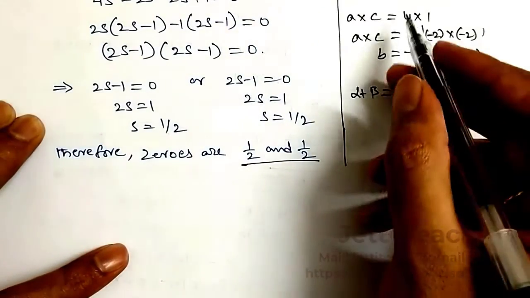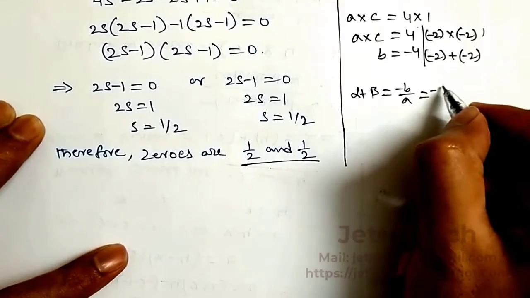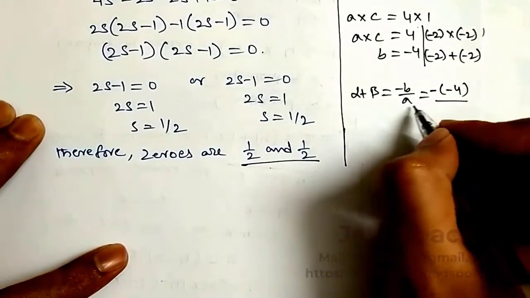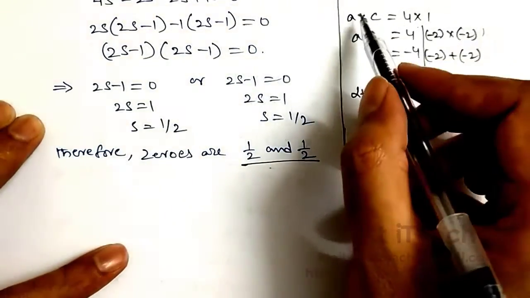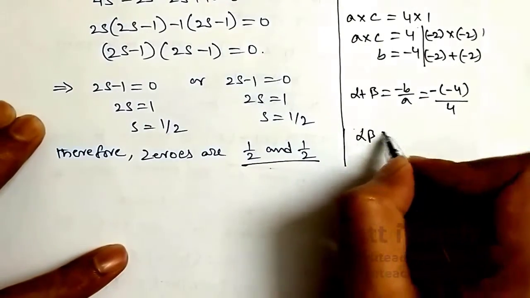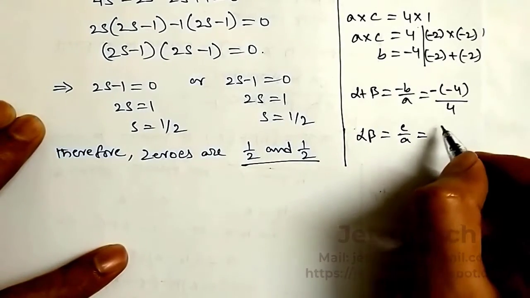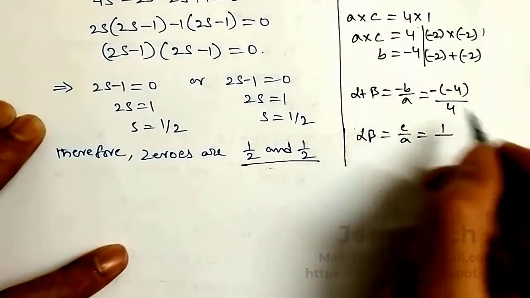What is b here? Minus 4, so minus of minus 4, and a means 4. Okay, product of zeros is c by a. What is c here? 1. A means 4.